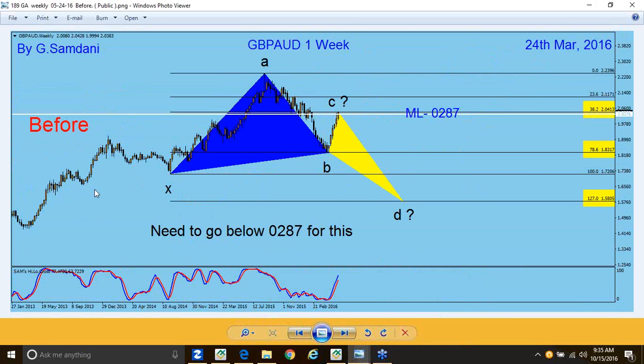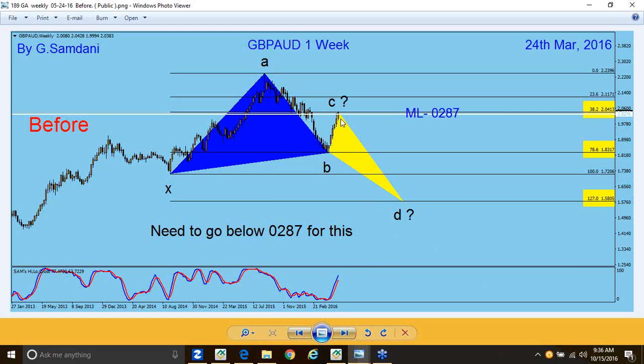My creative way is that I don't wait for the pattern to finish. I pinpoint where the C point is, because from C to D is always a very big distance, especially in butterfly and crab type of pattern. So why waste all these pips, right?